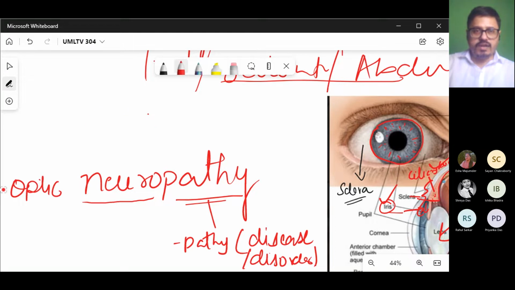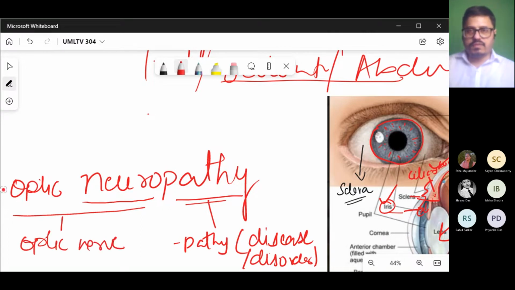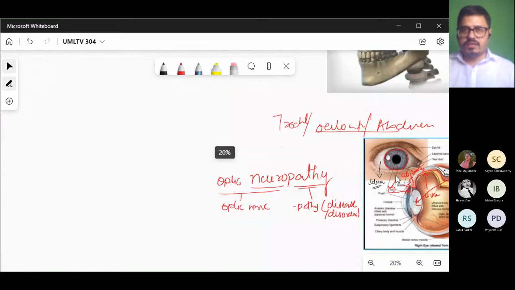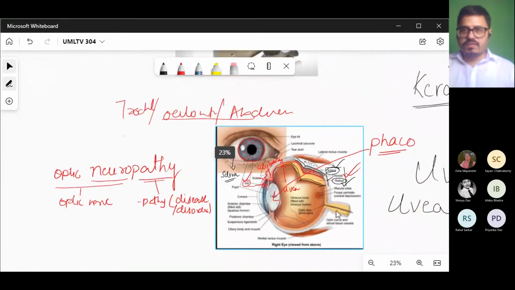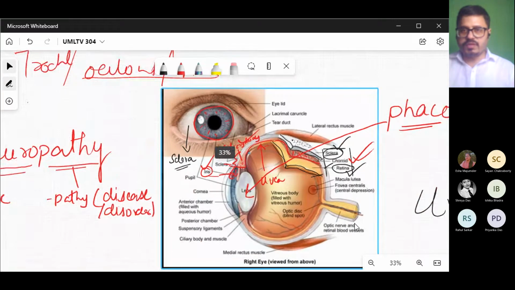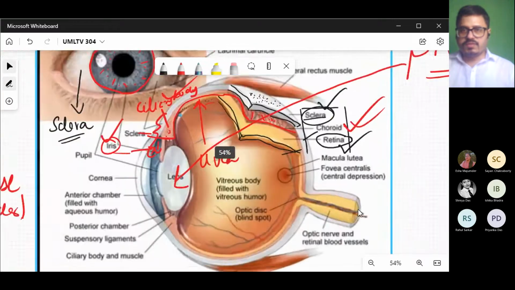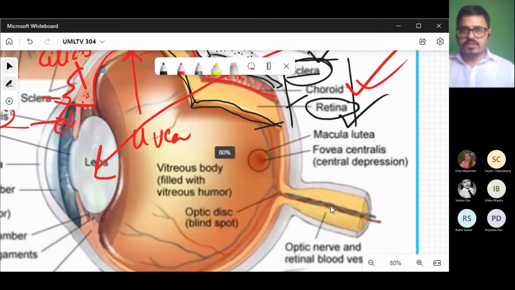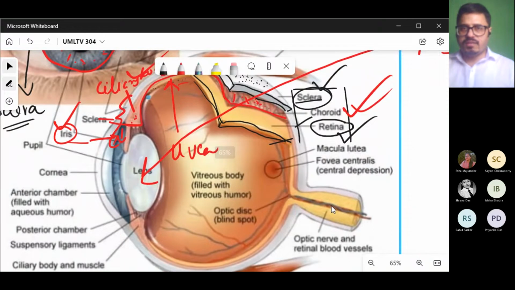So I've removed that. Optic neuro specifies the optic nerve. Where is the optic nerve present? This exactly is the location where the optic nerve is present. This is the optic nerve. Got it? It is present at the back side of the eye.